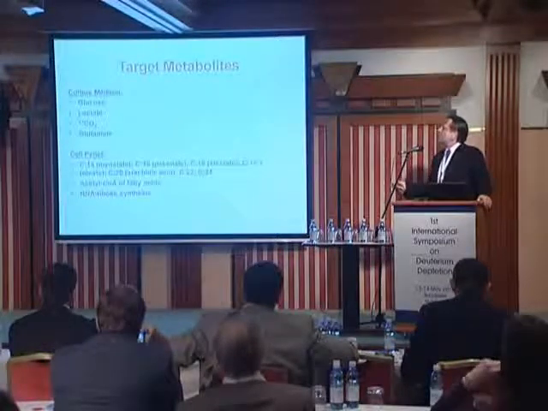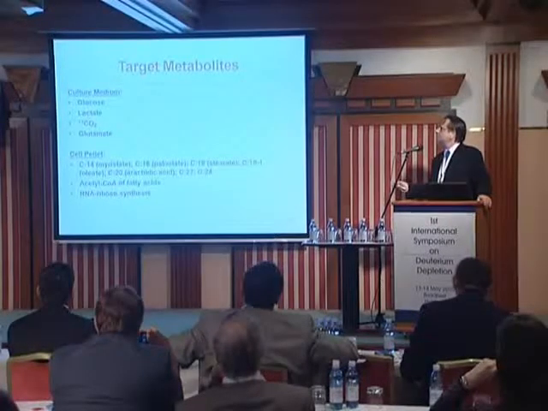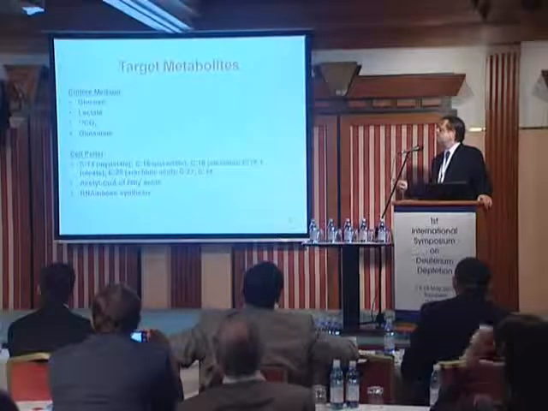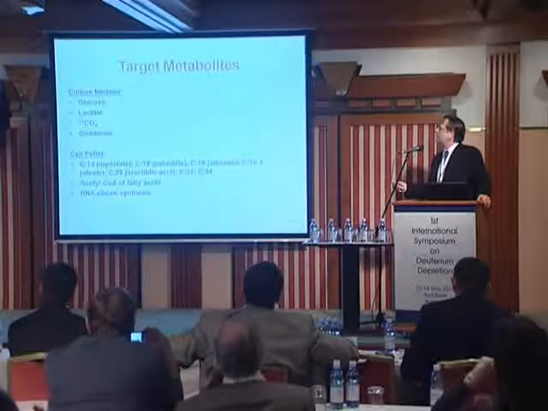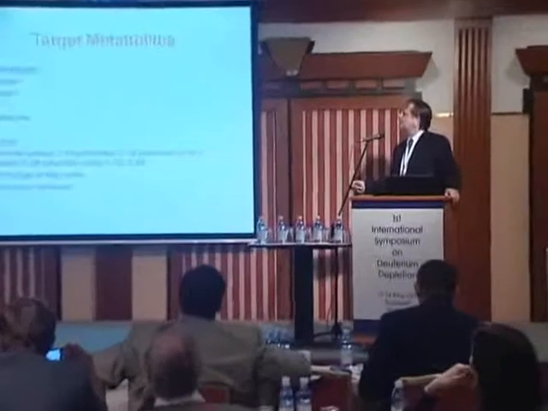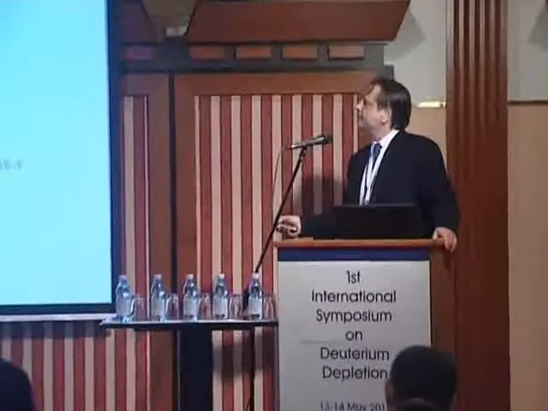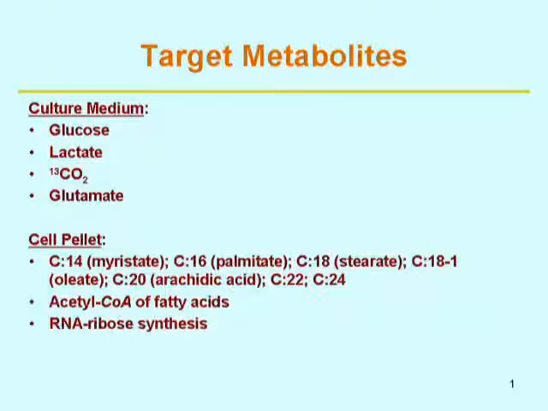So the approach we took was we actually restored culture medium powder in various strengths of deuterium depletion, and we looked at glucose, lactate, carbon dioxide, and glutamate in the culture medium as products of glucose metabolism. And from the cell pellets, after incubating the cells for 72 hours, we looked at various fatty acids and their synthesis patterns, including myristate, palmitate, stearate, oleic acid, and arachidic acid.